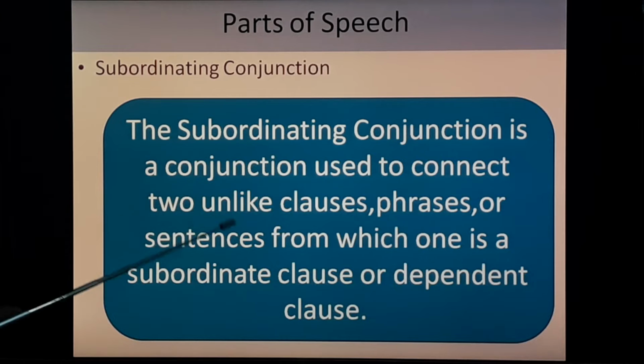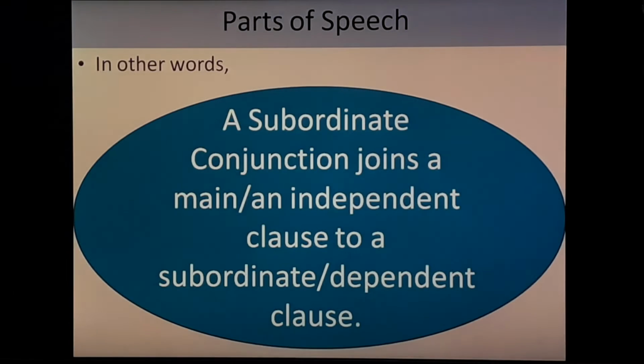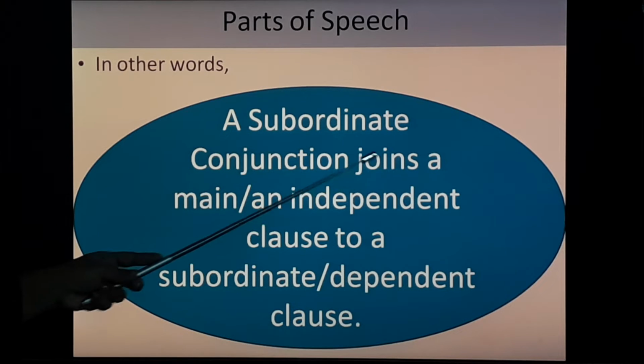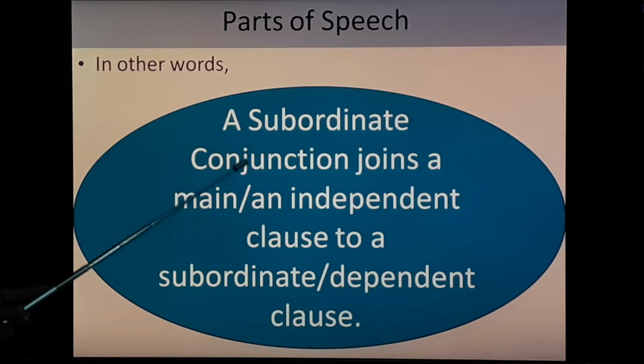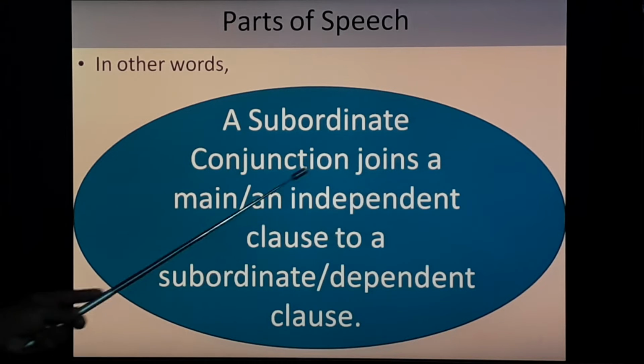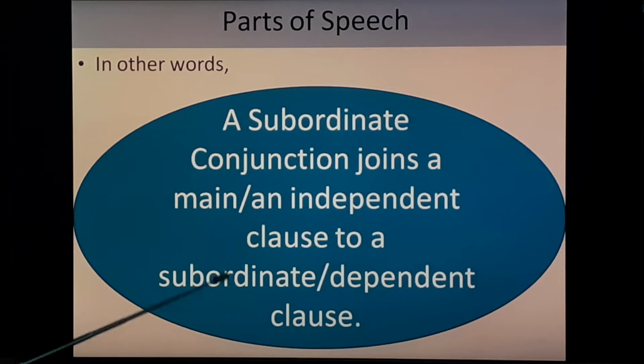Here, unlike means that different clauses, phrases or sentences are joined together with the help of a subordinating conjunction. In other words, we can say a subordinating conjunction joins a main, or independent, clause to a subordinate or dependent clause.